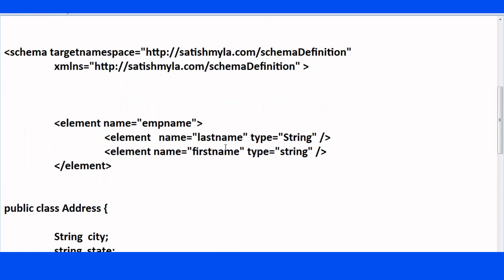I can import more than one namespace. I am also importing another one. In the capital namespace, there are a few more elements.